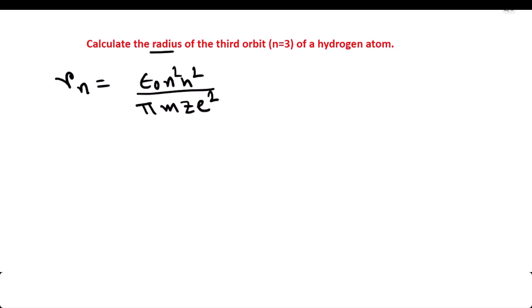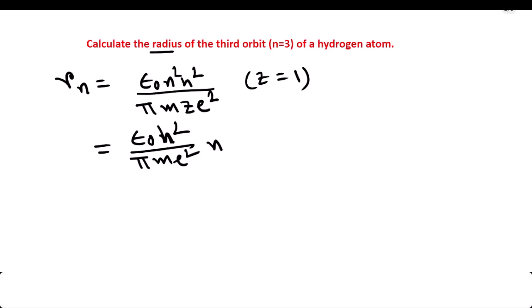Here again this is a hydrogen atom, so Z is equal to 1.